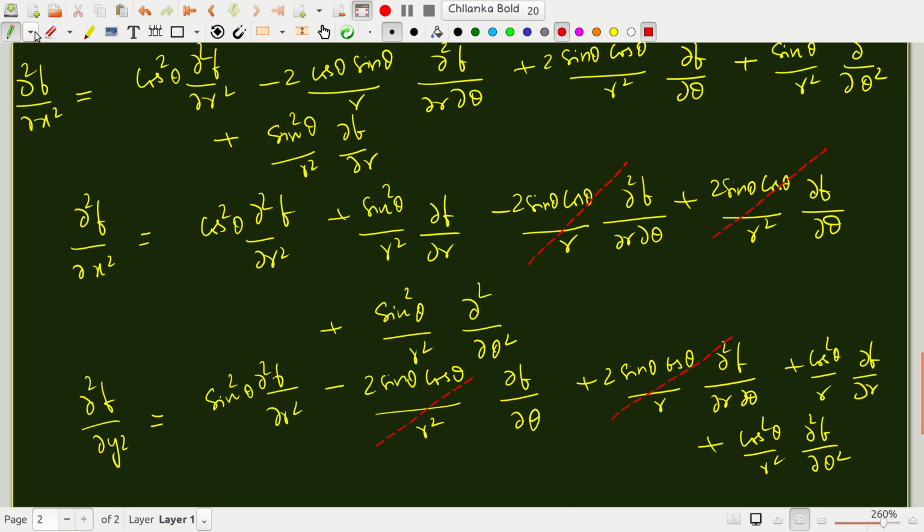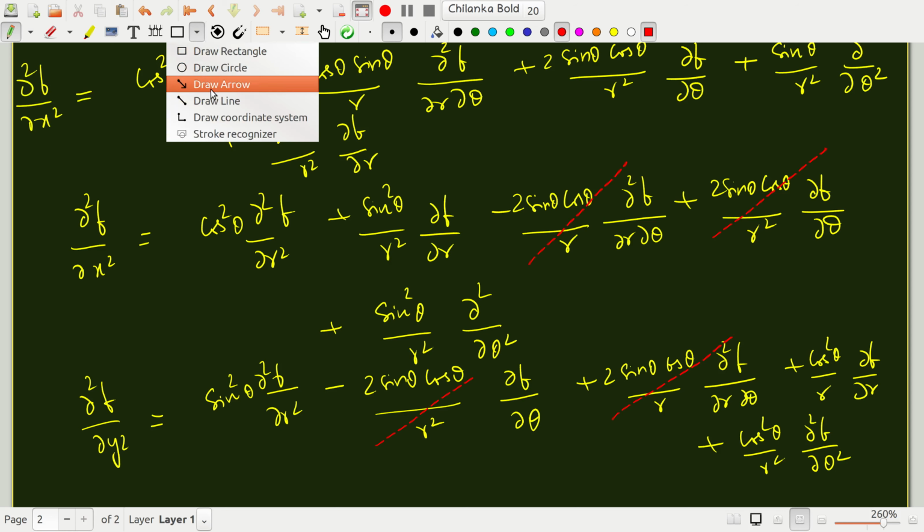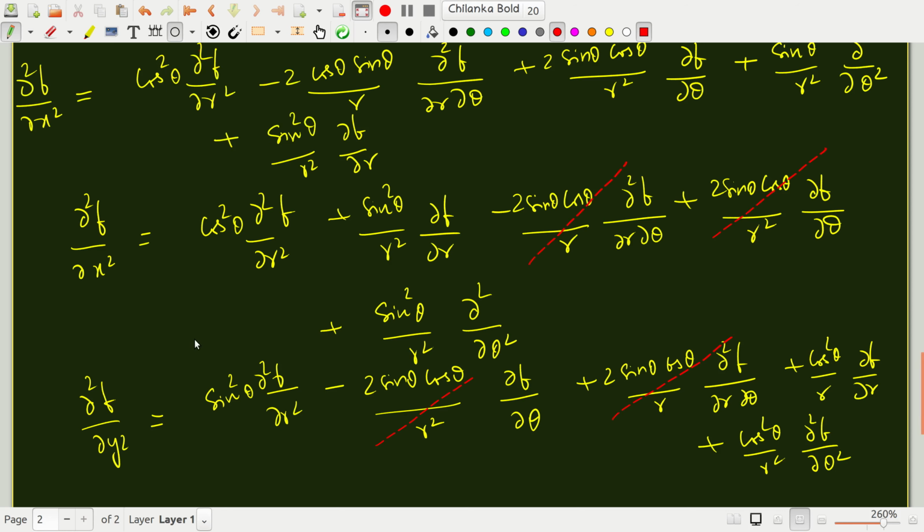Now, similarly, this term is cancelling out with this term. Now, you look at this term and this term. They will give rise to cos squared theta plus sine squared theta times d squared f dr squared. Cos squared theta plus sine squared theta is 1.